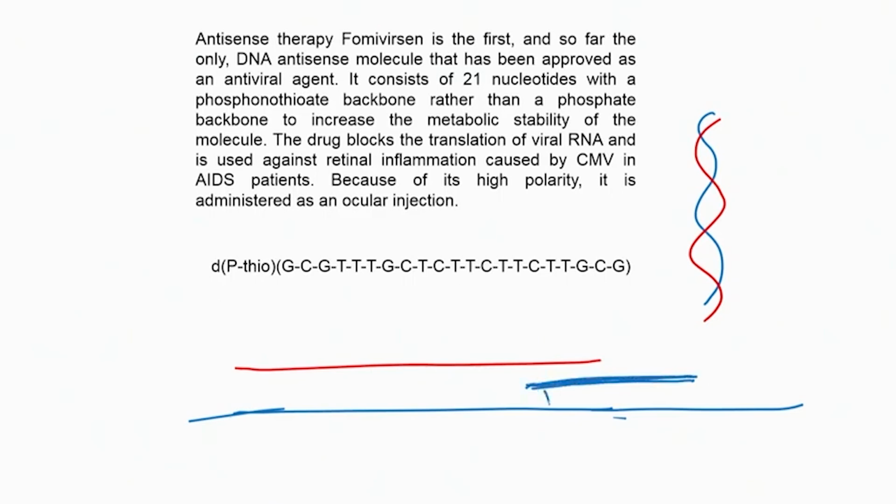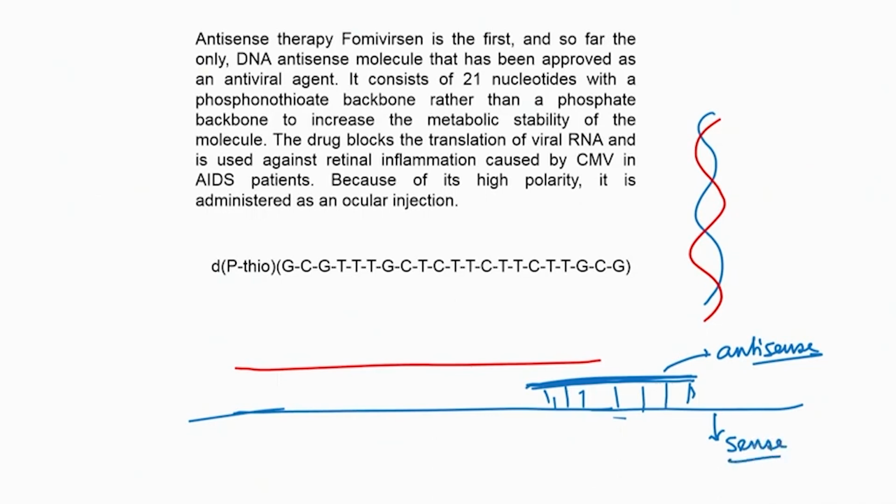So, this will go and block the mRNA, form a double strand here like a primer. Okay. So, then the translation will be stopped. This is what is called antisense, because you have to stop the sense strand of mRNA from working.